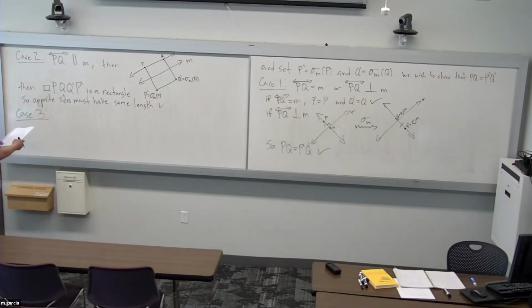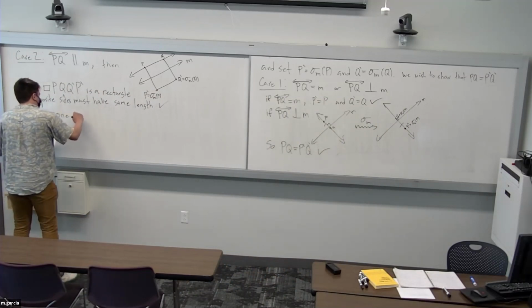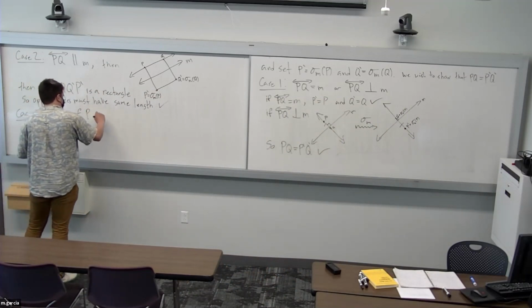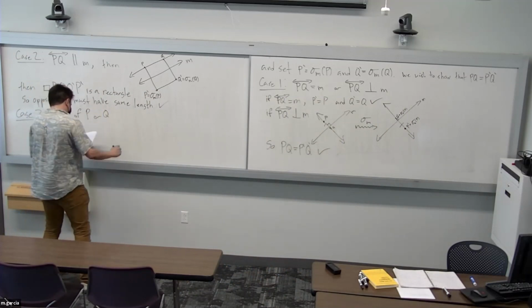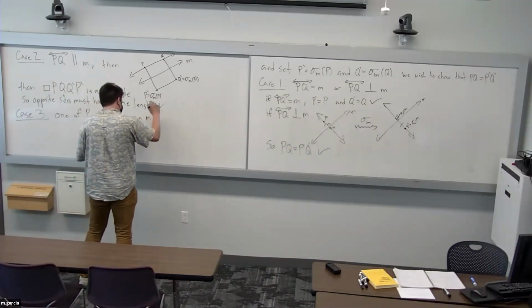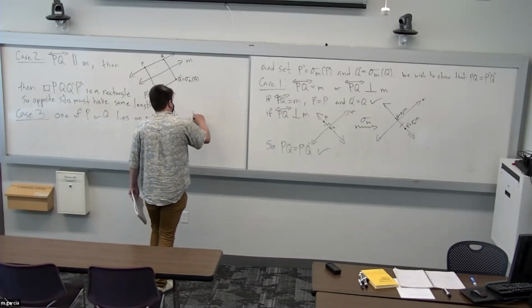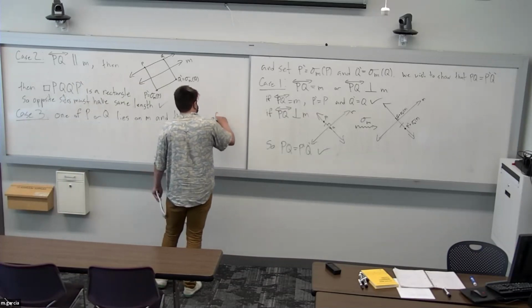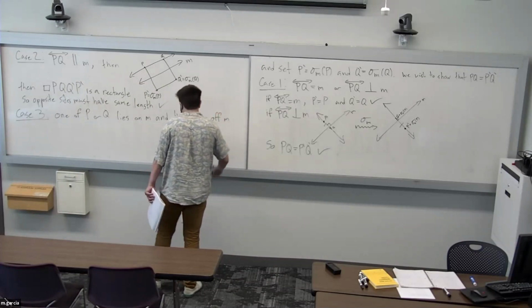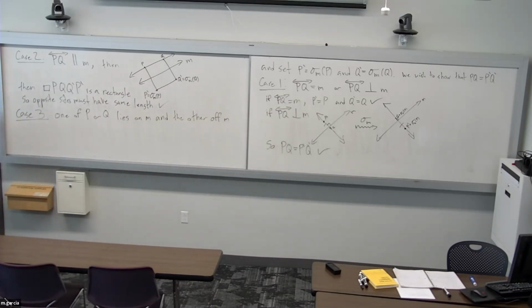3, let's say one of P or Q lies on M, and the other off M. Oh, sorry.